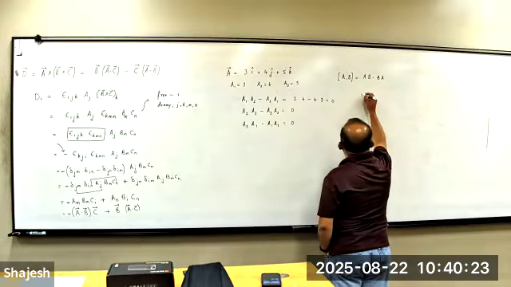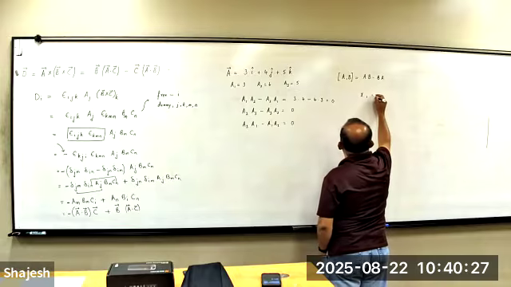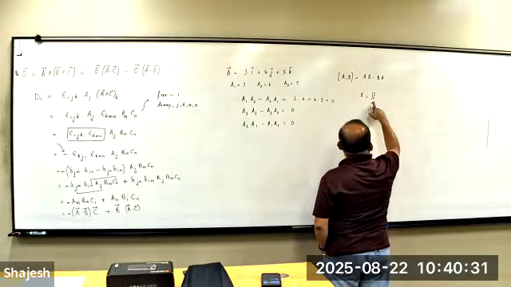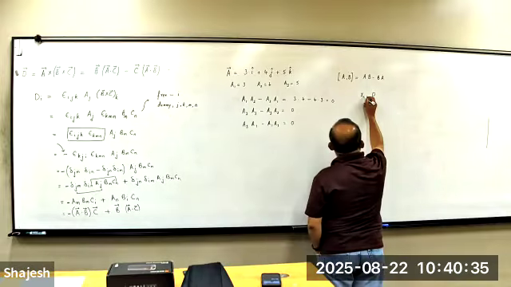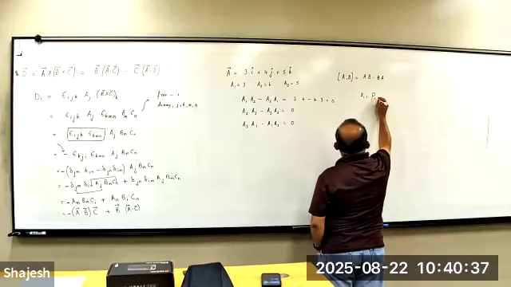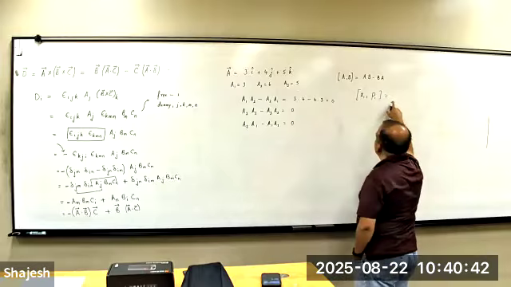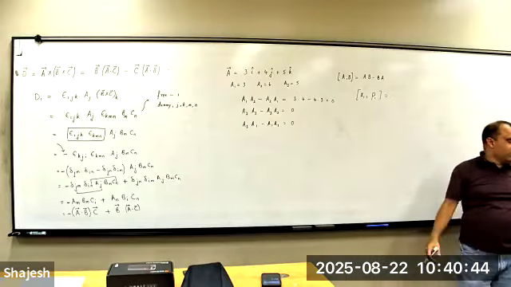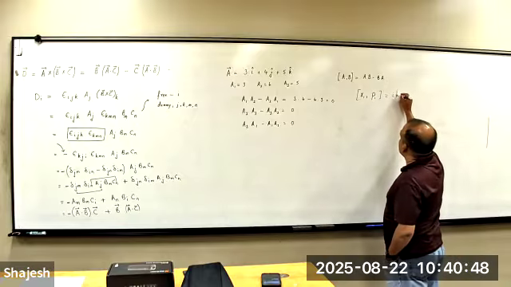If you have a position x, and this is the momentum in the x direction, because the momentum is a vector, let's say this is x1 and that's p1, what is that equal to in quantum mechanics? It is i h bar.